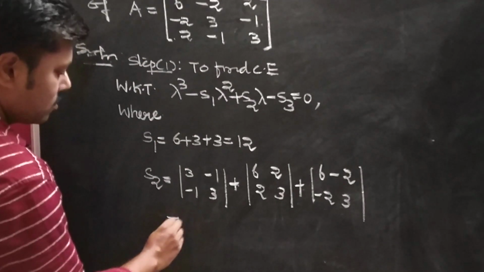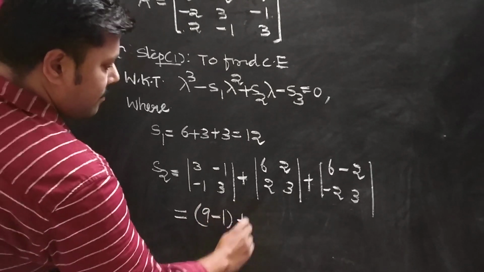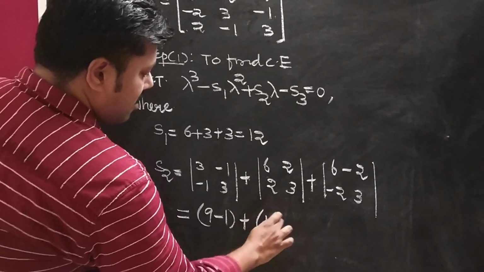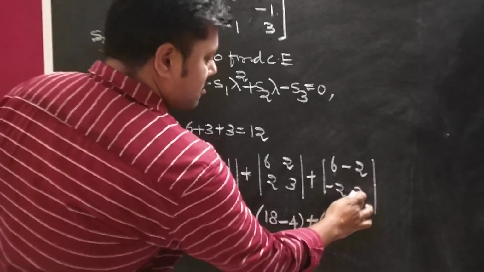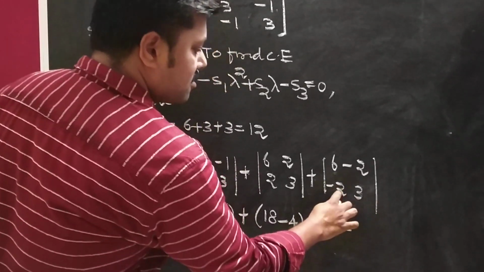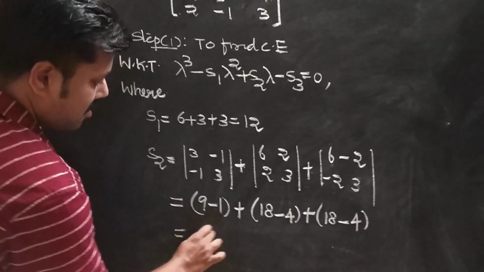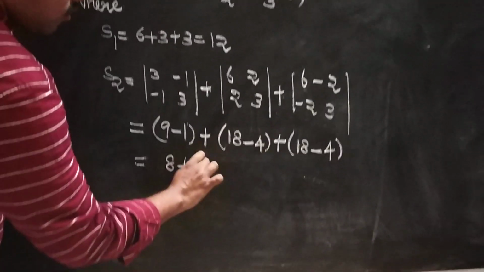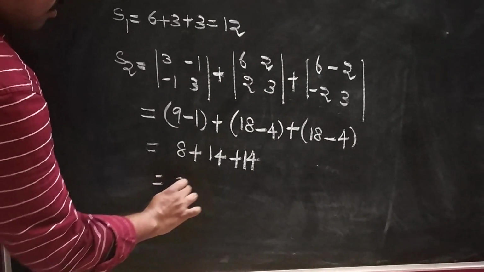So 3 into 3 is 9, 9 minus 1 is 8. 6 into 3 is 18 minus 2 into 2 is 4, that is 14. Again 6 into 3 is 18 minus 2 into minus 2 is plus 4, hmm, 18 minus 4 is 14. So 8 plus 14 plus 14 is 36.